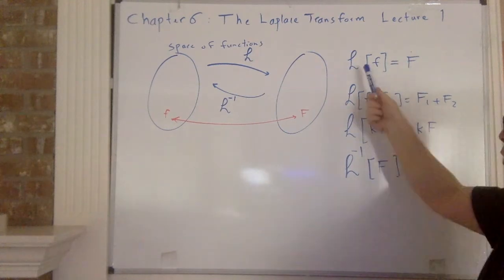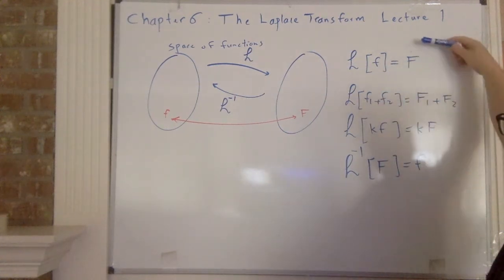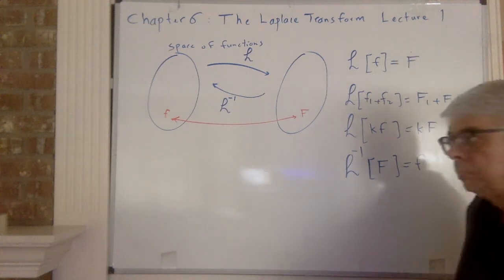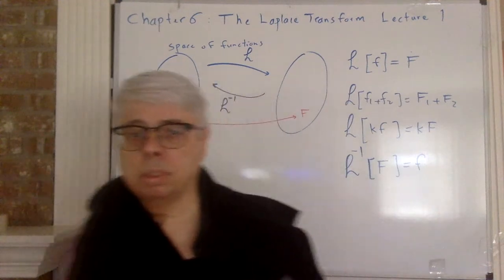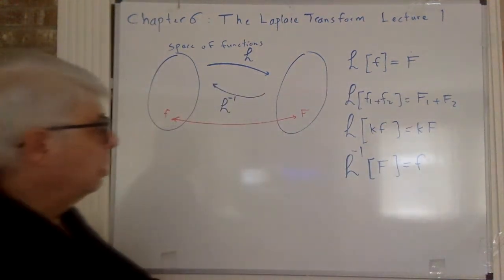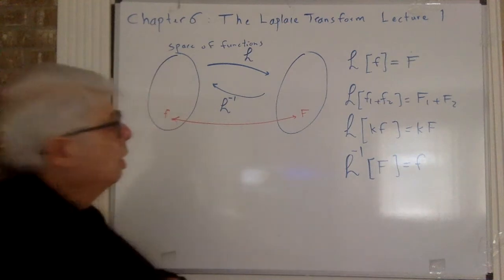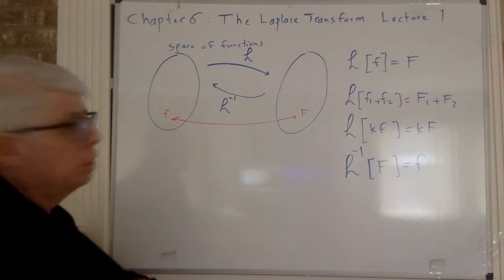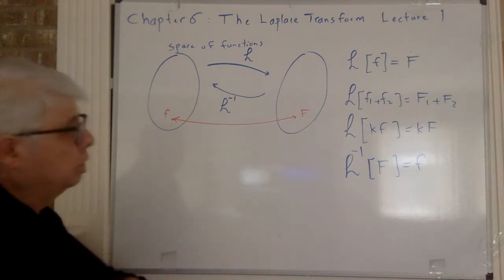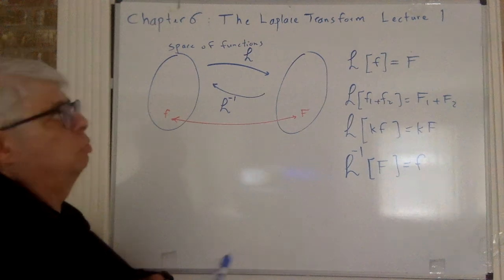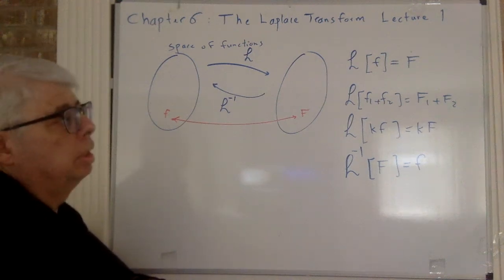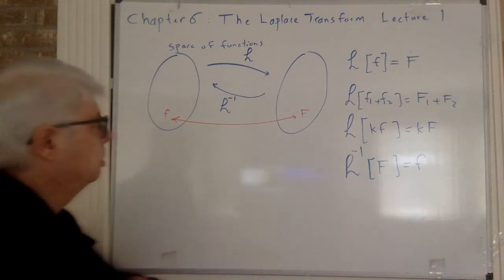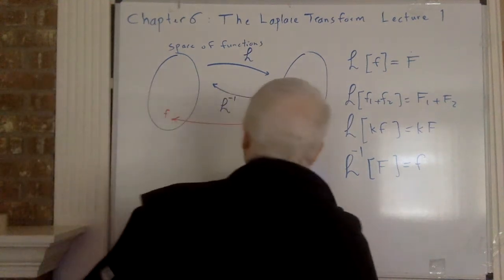Because if you have a table, you can just look at this F here and find this f. So using a table, you can do everything. There is no need to know formulas for that. Well, anyway, we have to define it, and I have to show you what this transformation does to a differential equation. In fact, how does a differential equation change into an algebraic equation?